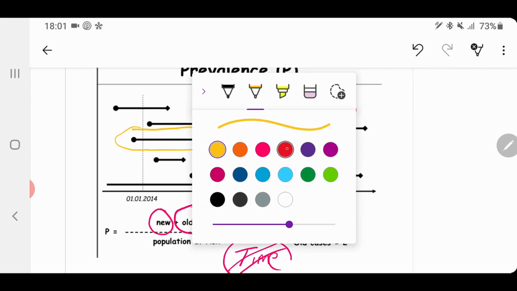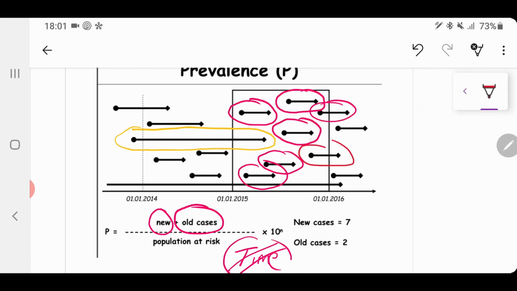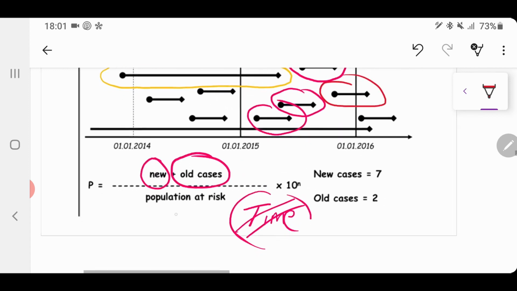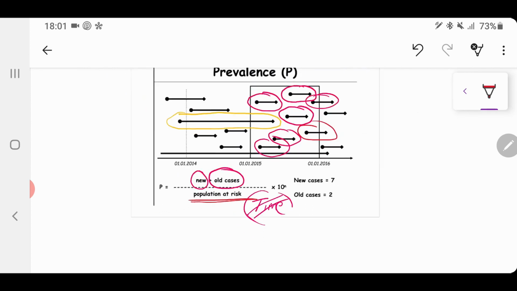All right, so you can have both new and old cases, but the same thing remains. You're looking at the population at risk. All right.